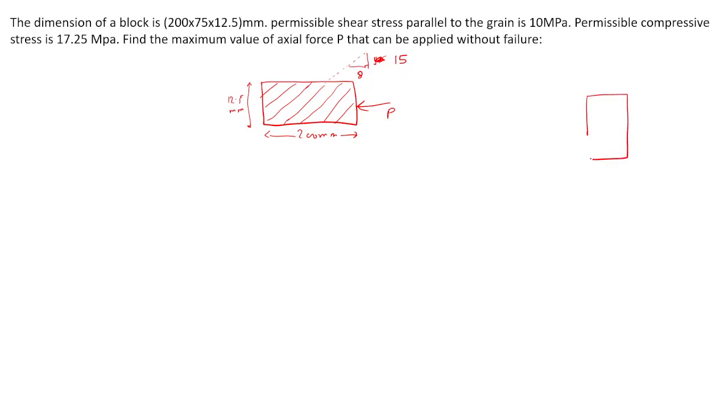Let's suppose this is a whole matrix, and this is something you have inserted in it. So in this direction you have been given a permissible stress value. Okay, so same way here this is the direction.